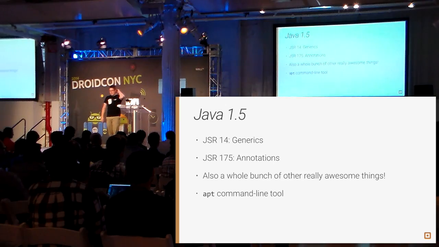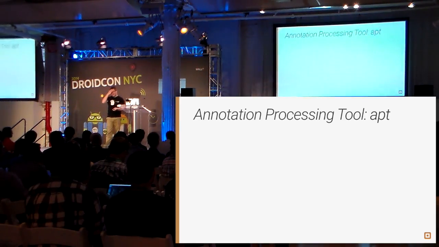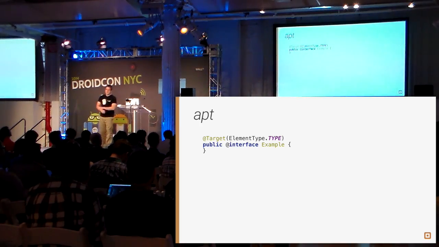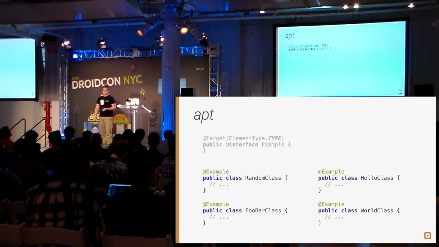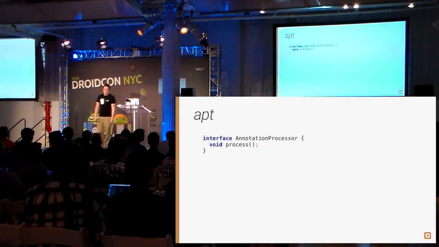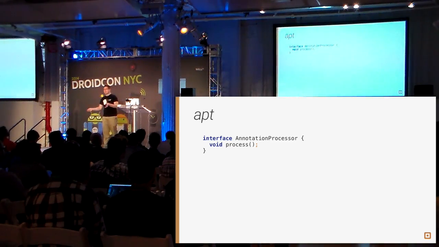It also brought this command line tool similar to the JavaDoc tool called APT. That stands for Annotation Processing Tool. And in order to not confuse this with actual annotation processing, we're just going to refer to it by APT. APT allows you to define an annotation, annotate a few classes, and then through executing this tool, you were able to act on the classes which were annotated with whatever annotation.